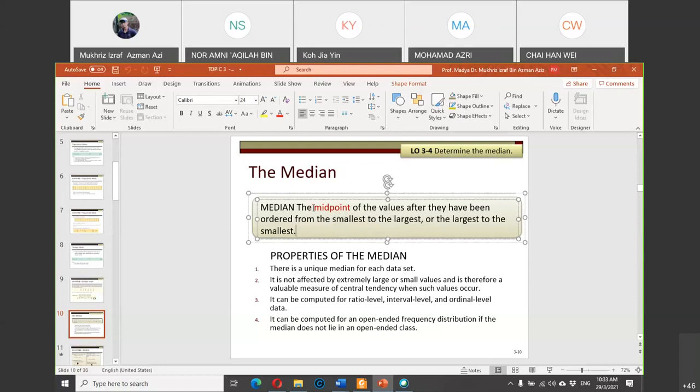The concept of median is basically you arrange your data from the smallest to the largest, or vice versa, because it will be the same thing, and the median is the number in the middle.